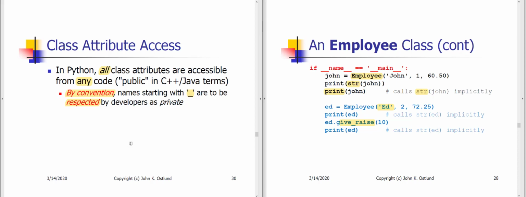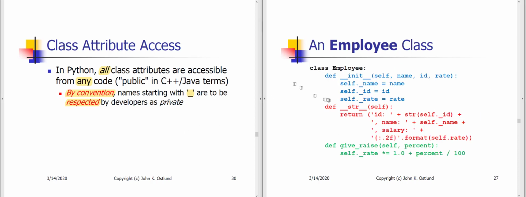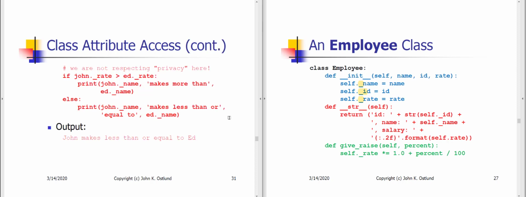All right, so that's this lame underscore thing, and so that's why we're using underscore name, underscore ID, underscore rate for the names of these data attributes, because we want people using the employee class in their own applications not to directly mess around with the name, the ID, and the rate for a given employee. But that's not enforced.